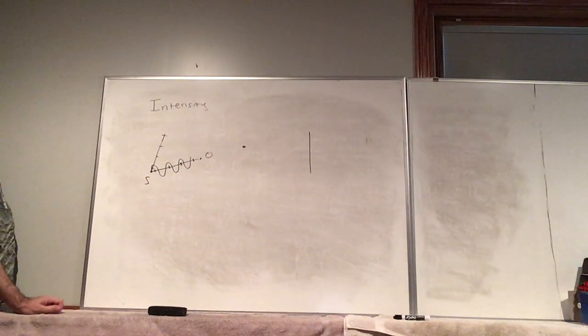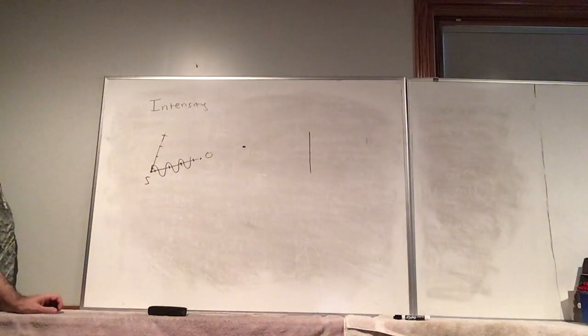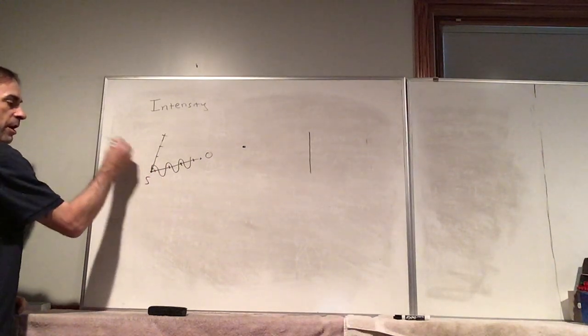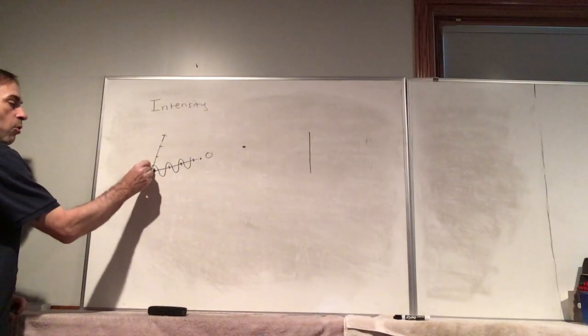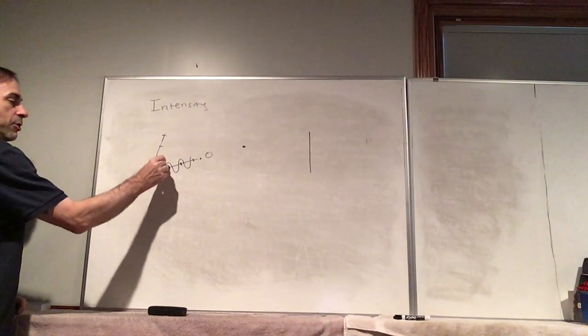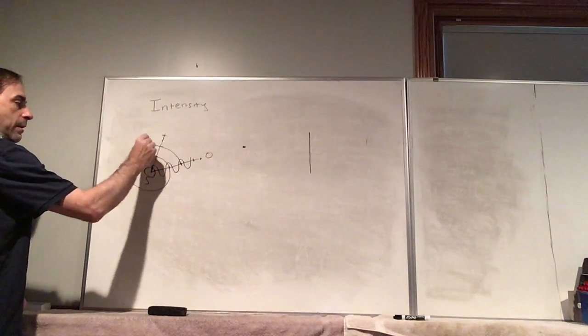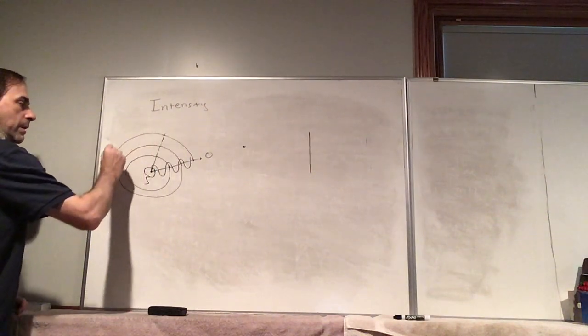So the peaks of each individual wave are going to be the same distance from the source. And so if we draw rays going out in all directions and connected those points where the amplitude was at a maximum, we would get something that looked like this.